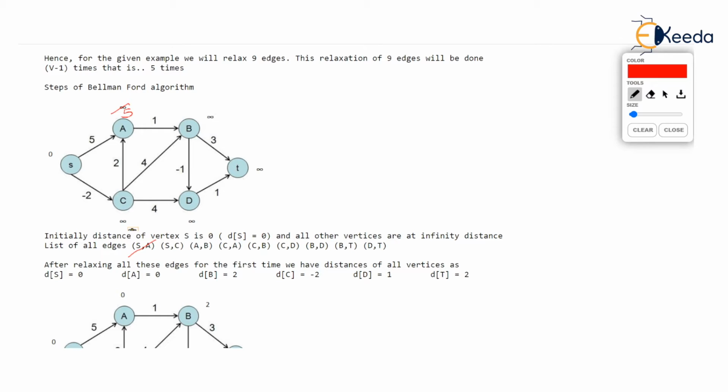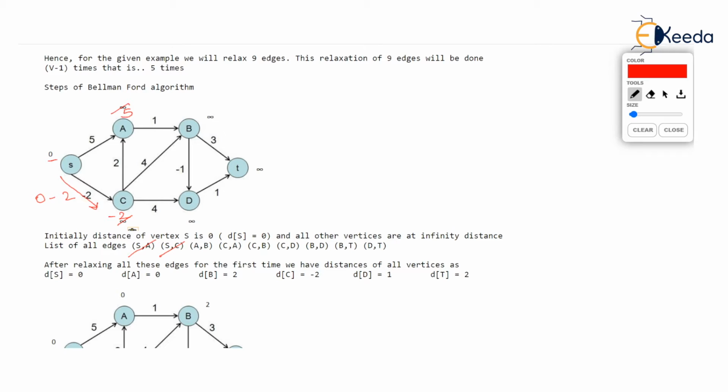Let's take the next edge. I am striking it out here at the bottom in the list of edges, S comma C. Now, if you notice S comma C, this edge should be 0 minus 2, isn't it? Correct? Distance of S plus cost of S to C. Is it less than infinity? Yeah, it is true. So vertex C will no more be at infinity, but it will be at minus 2 distance. Correct?